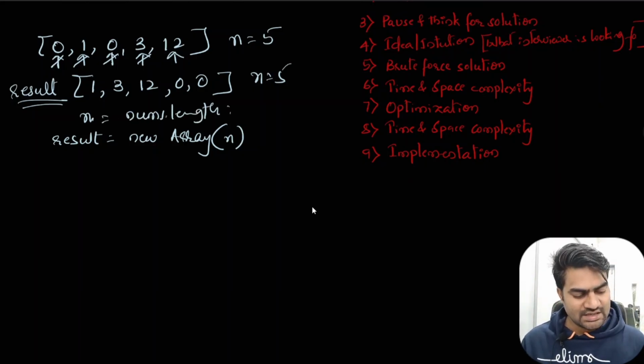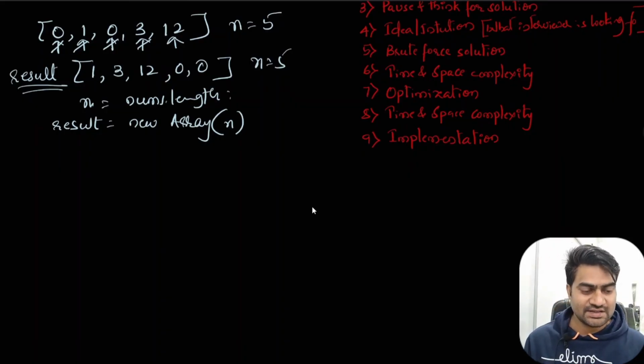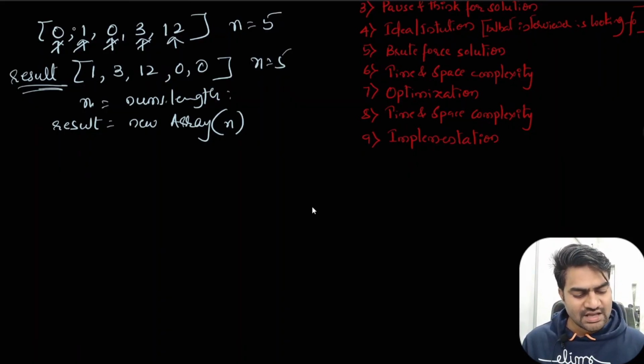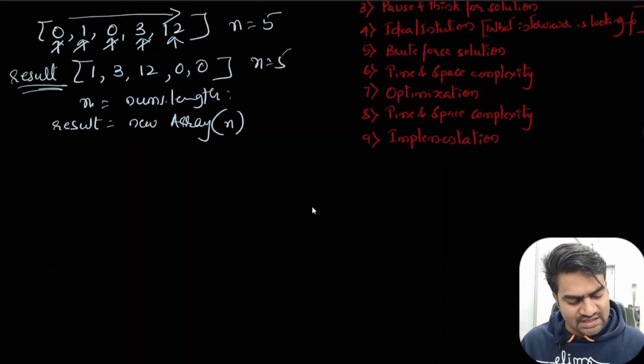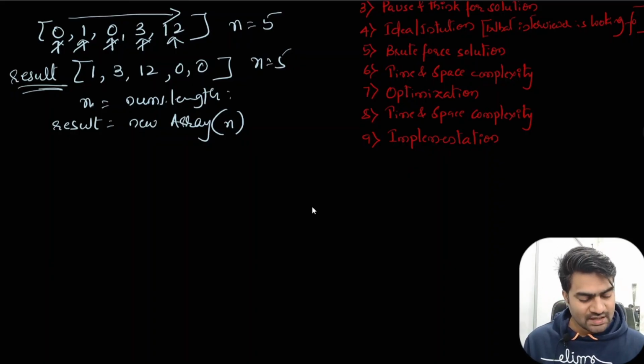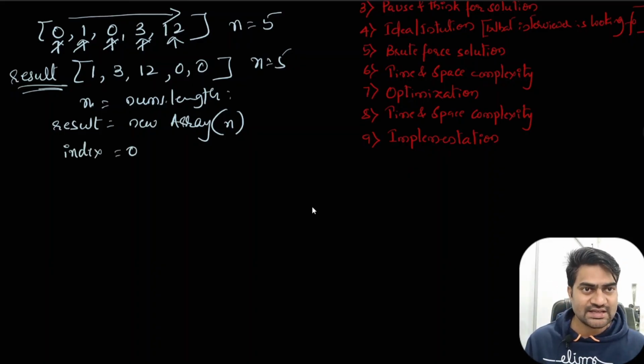Now I will have to iterate over this array and this array, and keep pushing the elements. So for that, to move the places in result, I need a separate index. So I will take an index variable and assign it 0 initially.